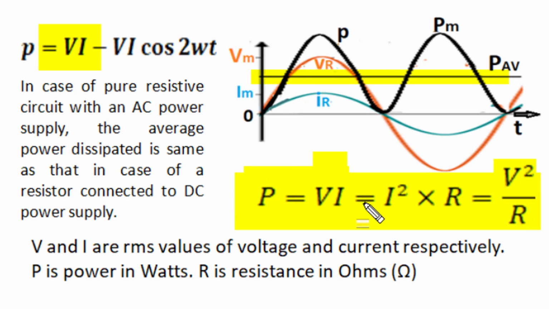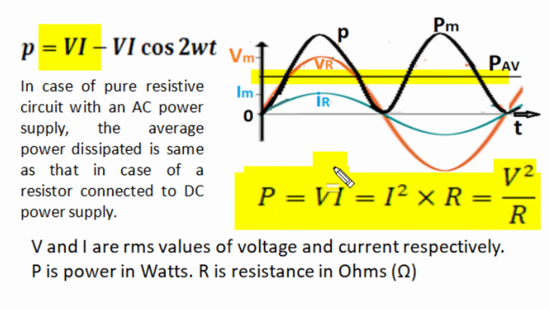And this relation of average power in resistance for an alternating current circuit is the same as the power relation in a DC circuit for a resistance. As in a DC circuit, power in a resistance is the product of average voltage and average current, or is equal to I square R, or is equal to V square over R. So the power relation in case of resistance in a DC circuit and in an AC circuit has the same format.